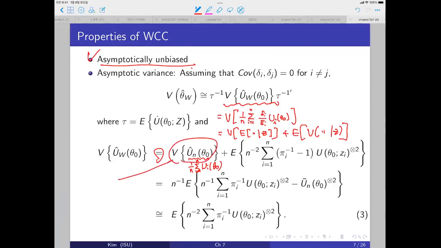And then the second part, the usual trick is that you can write the variance as 1 over n minus 1 times the summation from i equal to 1 to n of (u_i minus u bar) squared. Okay.